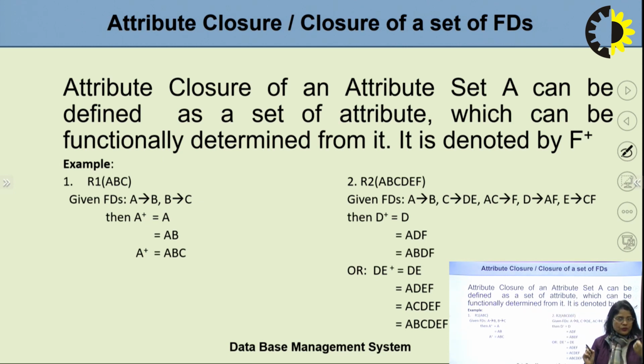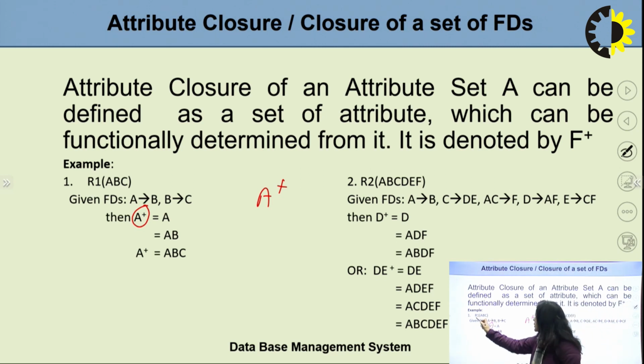So attribute closure means what? If A is the attribute and we are finding the closure of A, we will write A plus, right? So the attribute closure means every attribute which can be found from this A. If we have A, how many other attributes can we find out? That is what the attribute closure is, right?